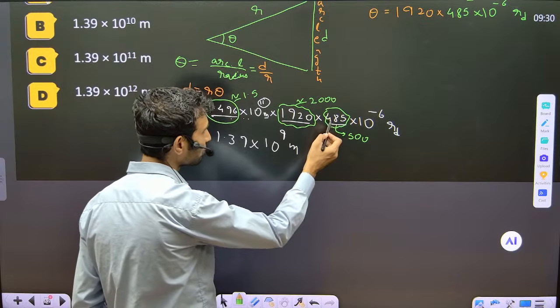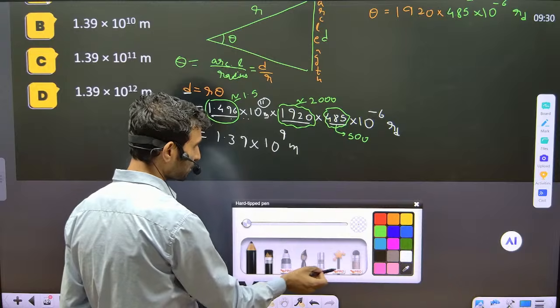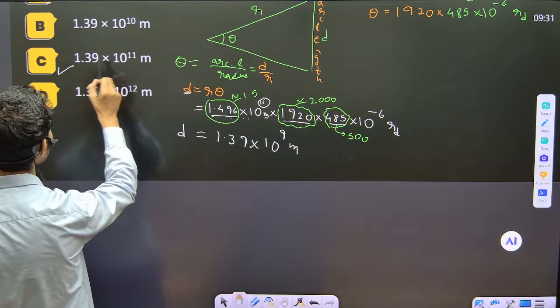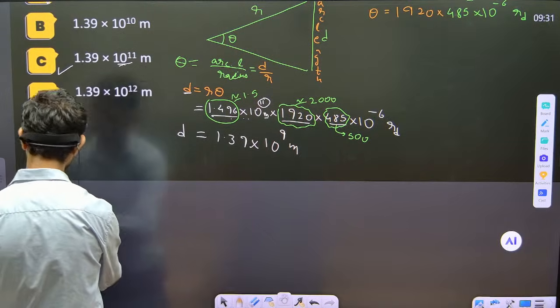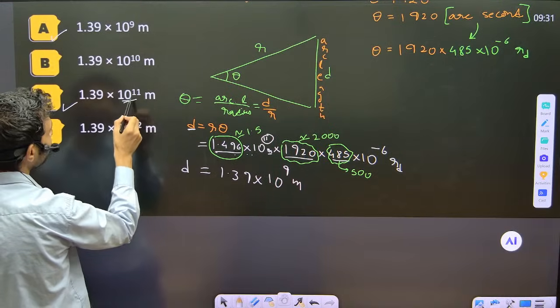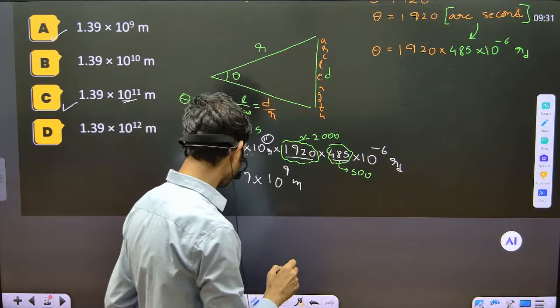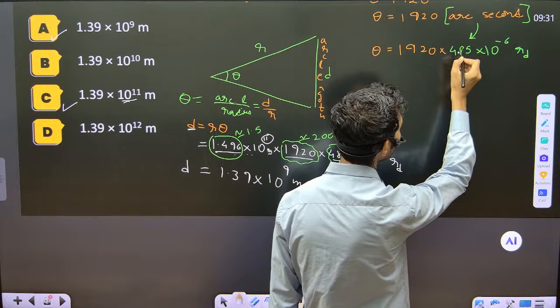We are getting option C, but actually the option is A, 10 to the power 9. We were getting 10 to the power 11 before. You know why? Because I put the wrong value of the arc second while copy pasting. I forgot to put a decimal here.